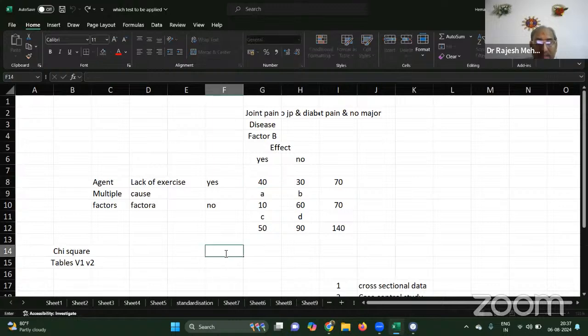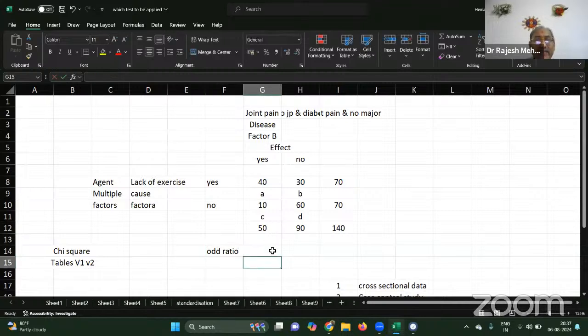So what we will have is the ratio of odds, that we call the odds ratio. And in that case, what we do is AD divided by BC, A into D divided by B into C. This is how we derive the odds ratio.